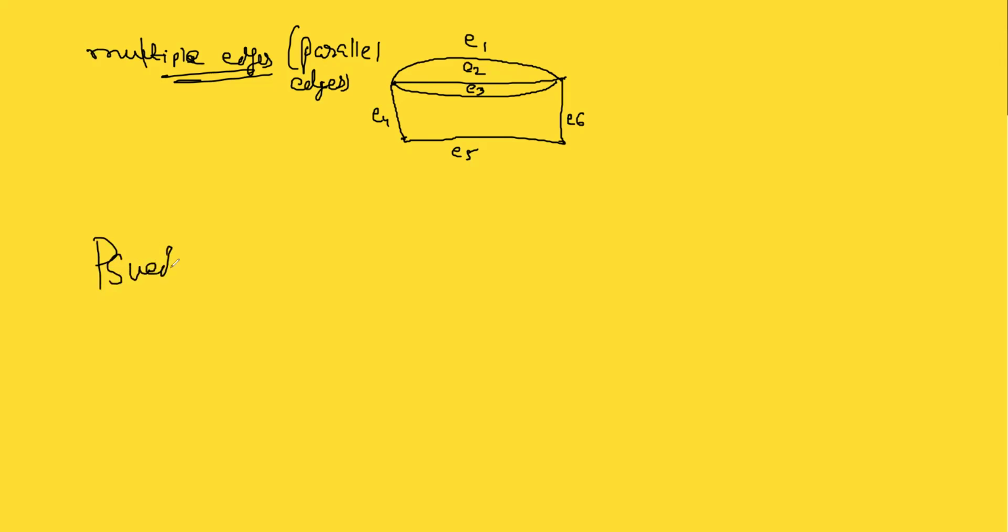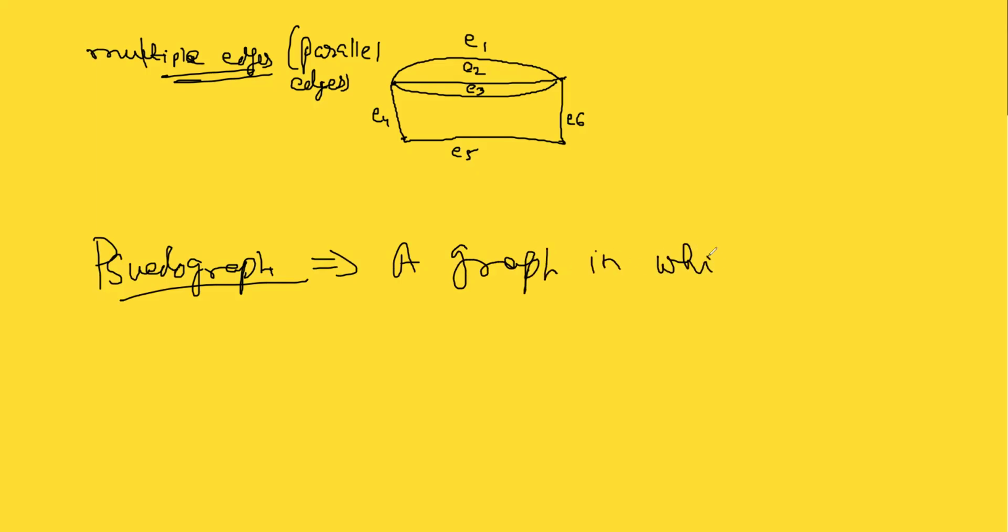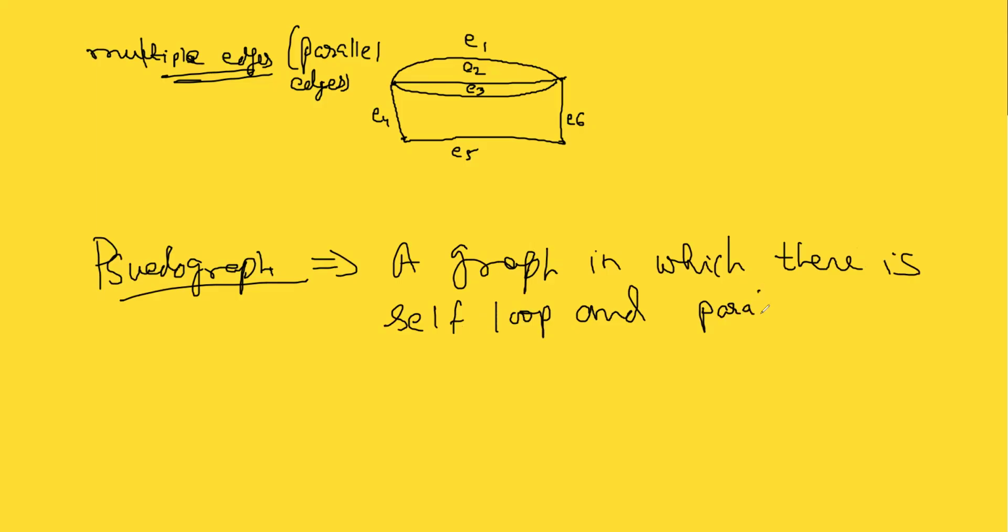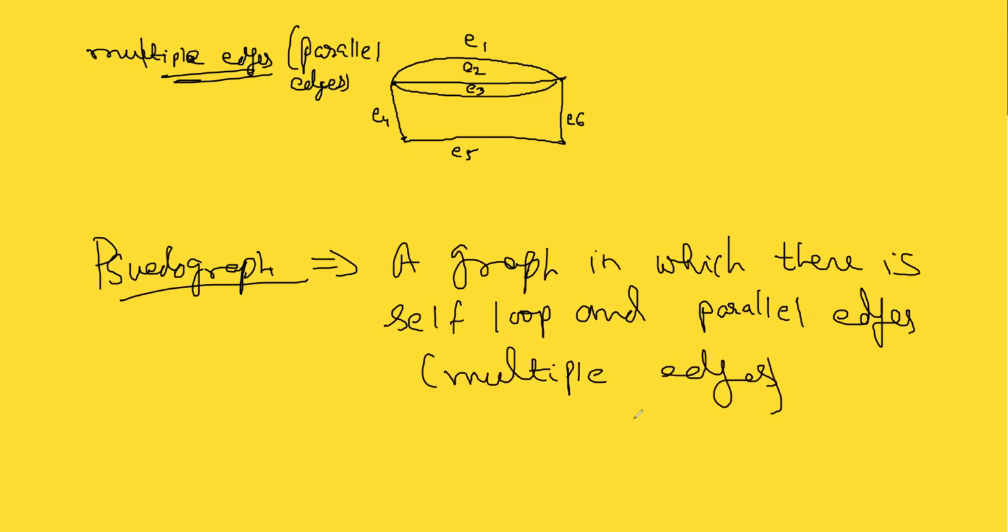And what is a pseudograph? A graph in which there are self loops and parallel edges. Parallel edges means multiple edges. Understood? This is called a pseudograph.